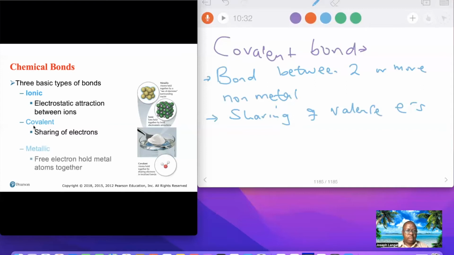And lastly, metallic bond. These are the bonds which hold nuclei in metals. In this type of chemical bond, the nuclei of atoms just float in a sea of electrons. It's what holds metals together. An example here could be a metal such as iron, a metal such as sodium.